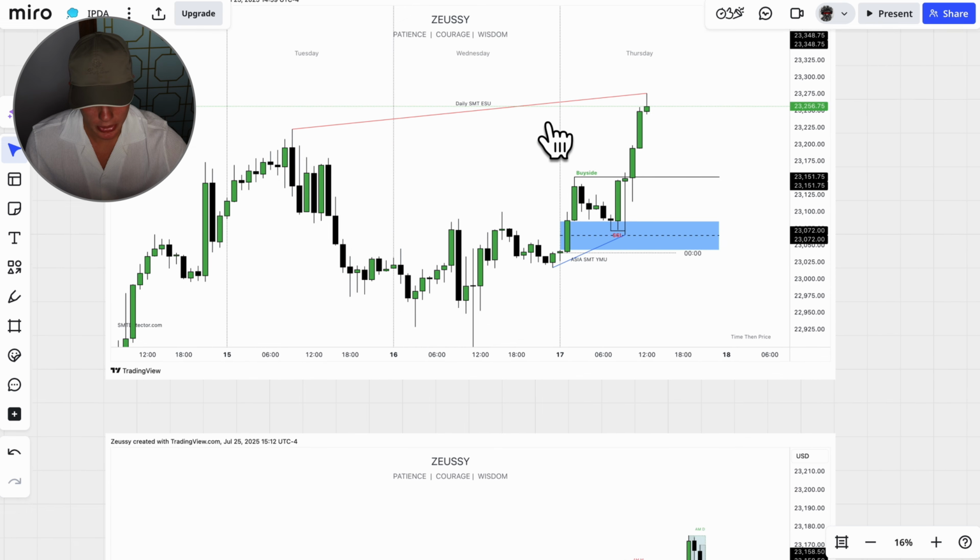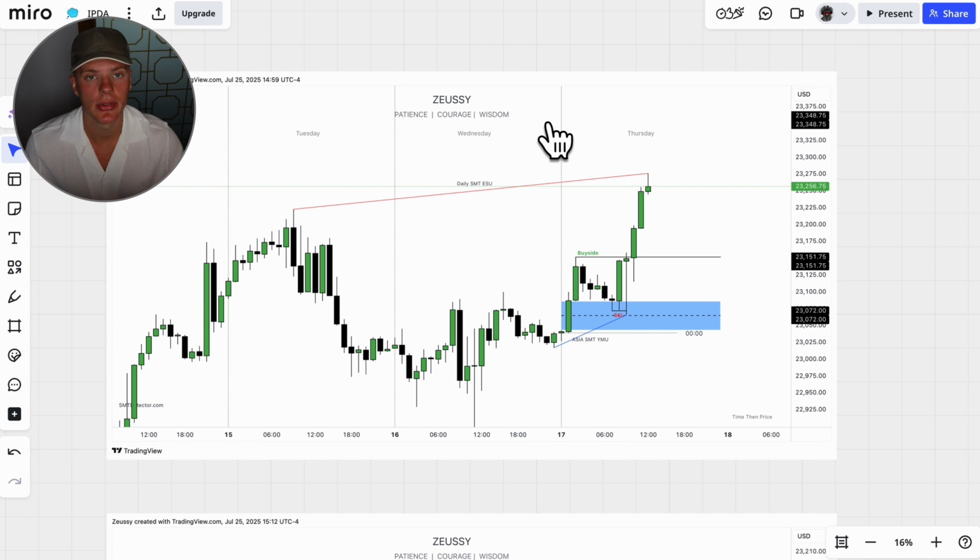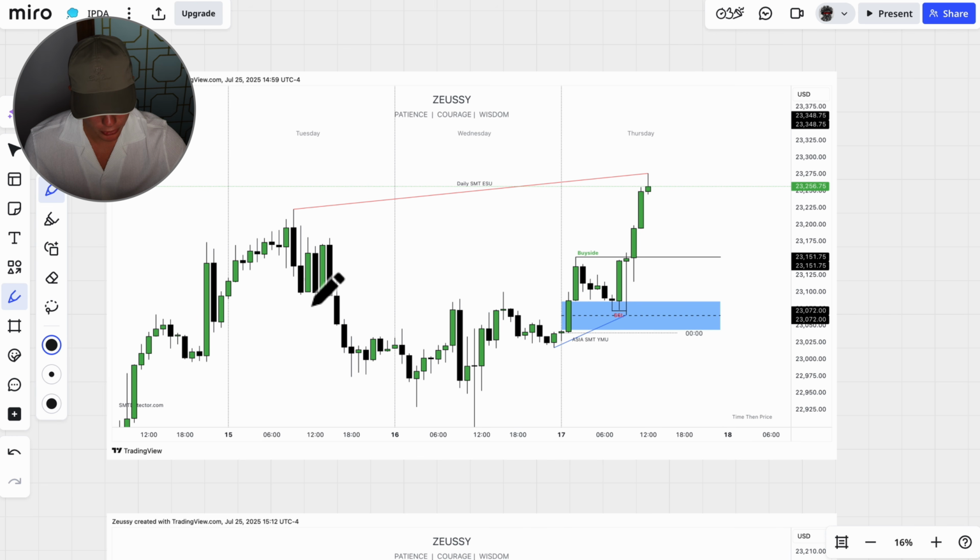Now, when we pay attention to that REBC in particular, the reason why that REBC is so important is due to the following. When you pay attention to this high right here, which we displaced through when we open up for the day, and we go to the left, do you notice that that high formed inside of this CB right here? Do you see that we have CB high BC? That right there is my market structure shift pattern.